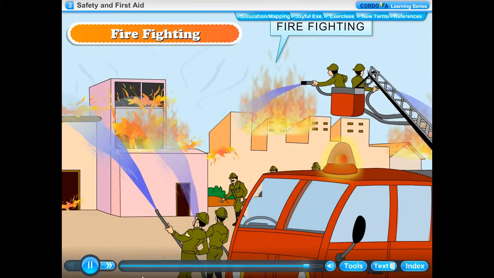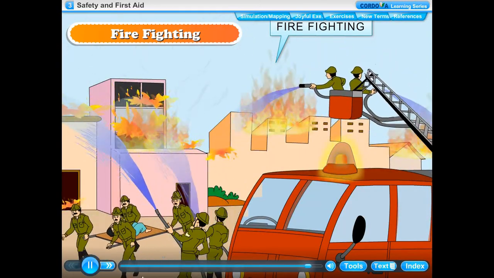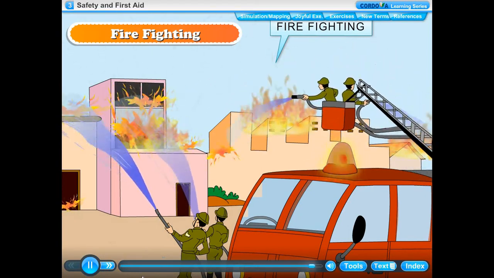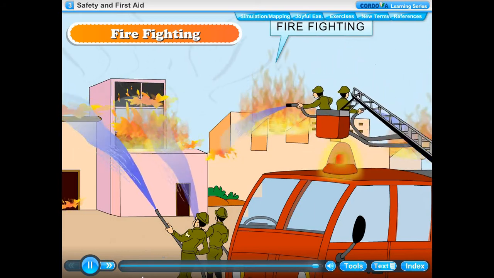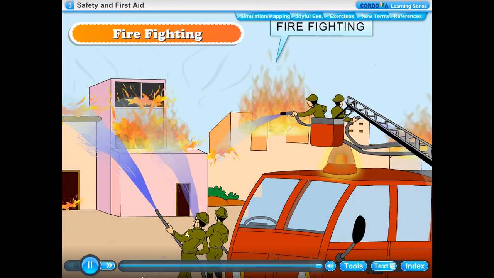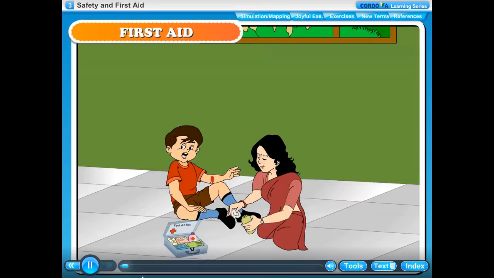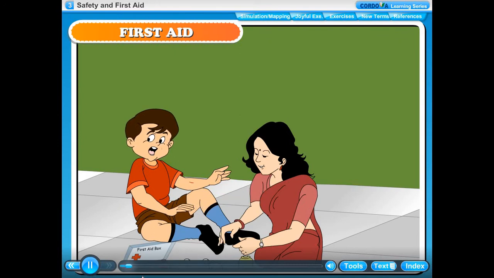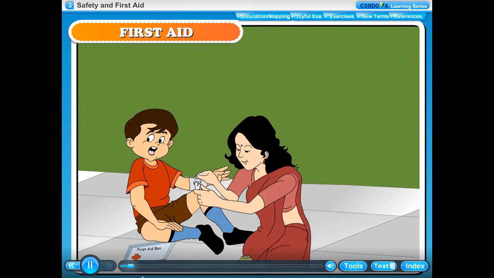If they are available, we must learn to use them. In case of big fires, we should shout for help immediately and dial 101 on our telephone to call the fire brigade.